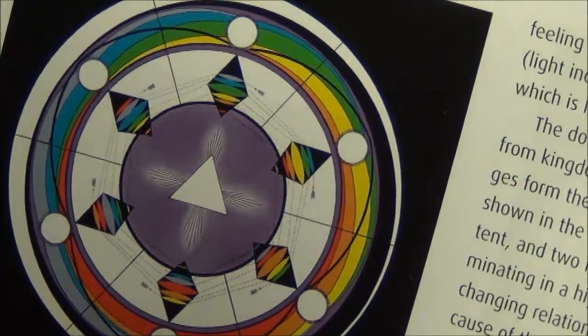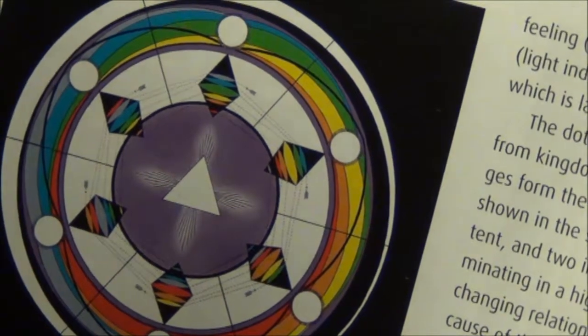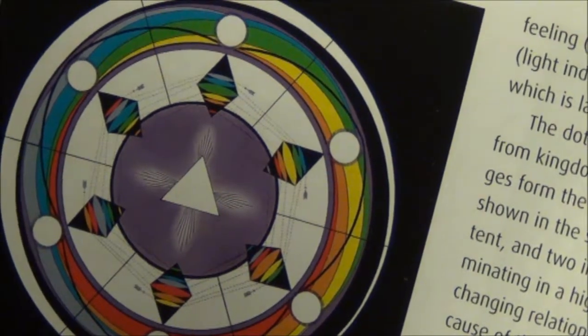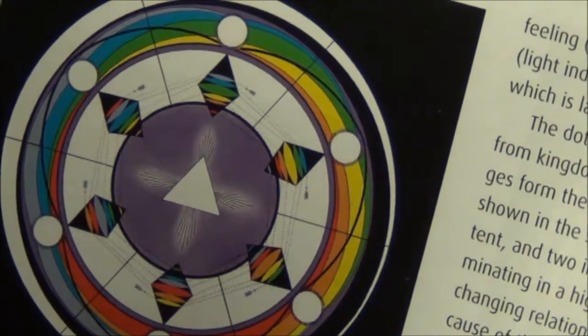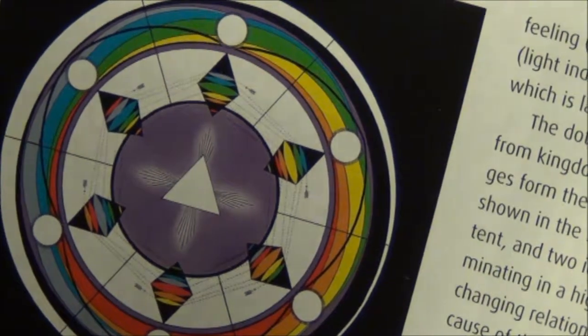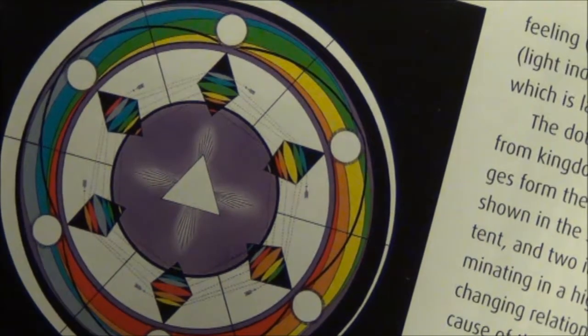A long series of transitional stages from the connection between the 6 states that are shown in the symbol, 1 culminating, 2 declining, 1 latent, and 2 increasing, which brings us to a new state culminating in a higher spiral circle.